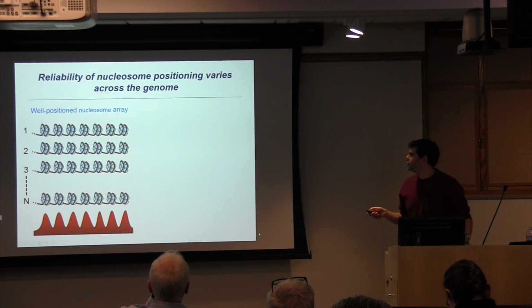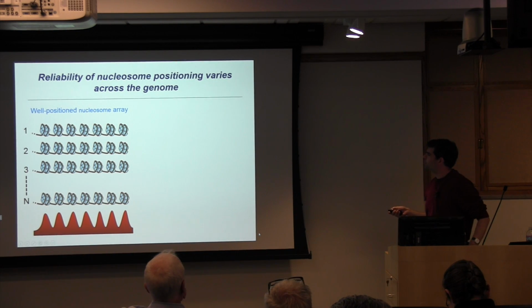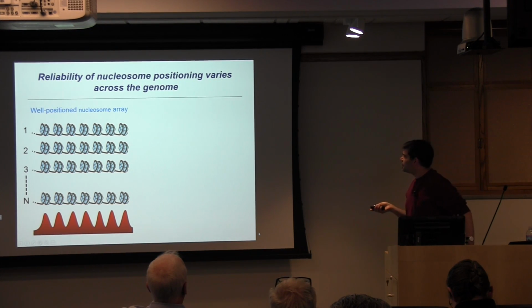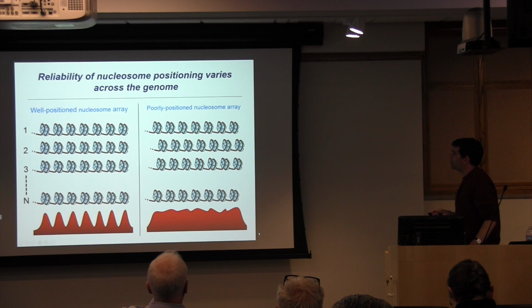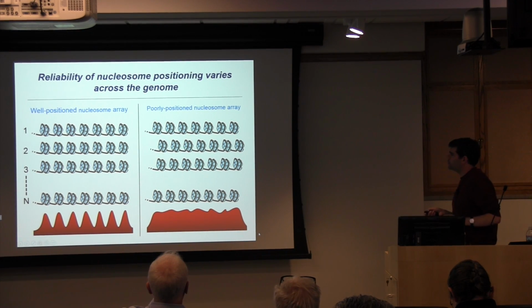So there's some places in the genome where nucleosomes are positioned reliably, which means that if you look at one chromosome, another chromosome, a third chromosome, 10,000 chromosomes, the nucleosomes are going to be all pretty much in the same place. And when you average them together with whatever analysis you're doing, you're going to get a nice representation of the nucleosome placement. But in other parts of the genome, there are nucleosomes that are positioned poorly.